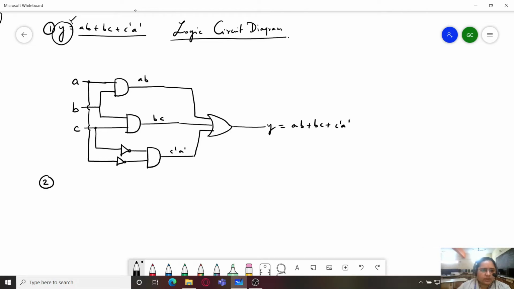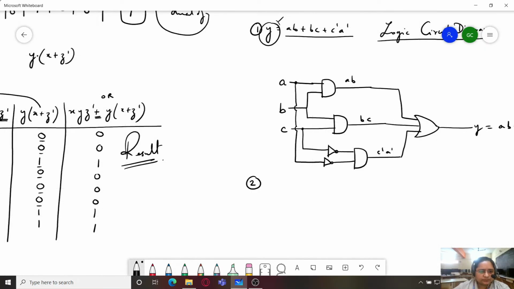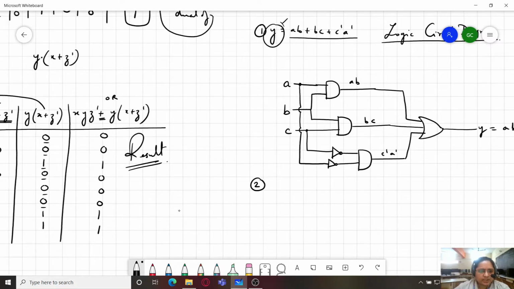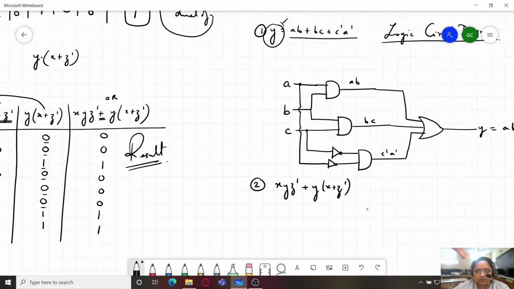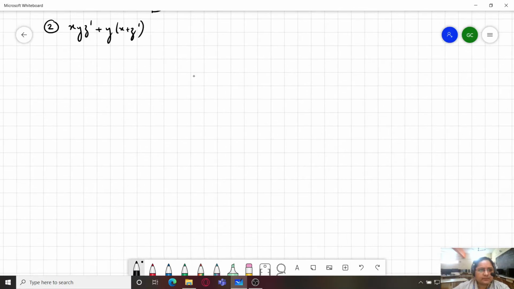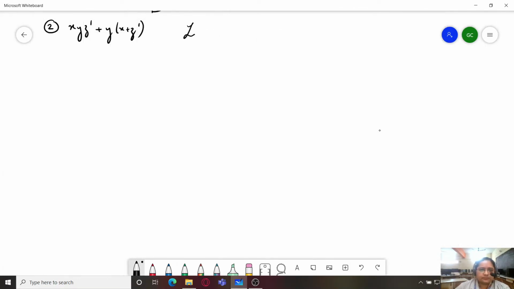Let us draw the logic circuit diagram for the next expression also. So our next expression is x, y, z dash plus y, x plus z dash. So we will now draw the logic circuit diagram for this expression. So we have x, we have y, and we have z.